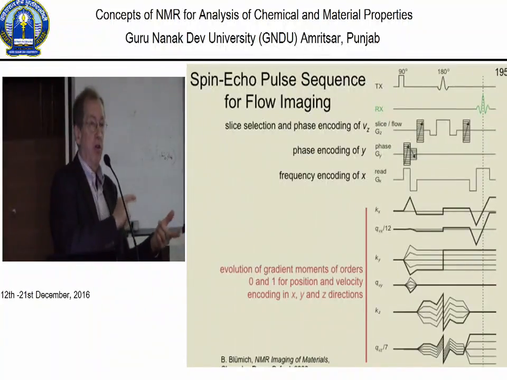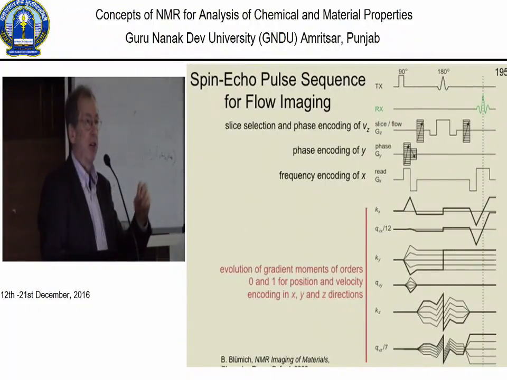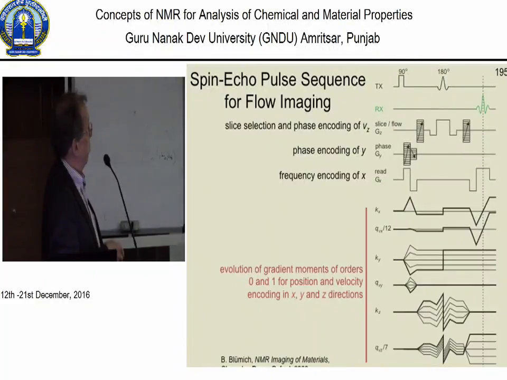And now we have to switch them in such a way, modulate them in time, turn them on and off in such a way, that the first and the second moment of the gradient modulation function have the right values of k and q at each moment in time, especially during the detection time when we measure the echo. So that's when we measure the echo, where the line is.